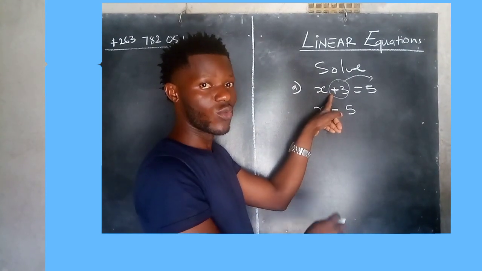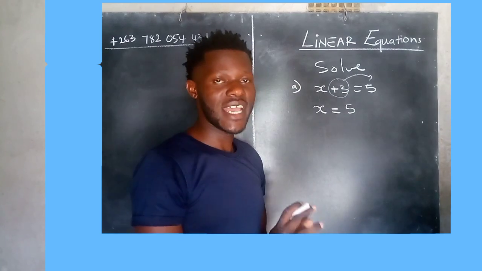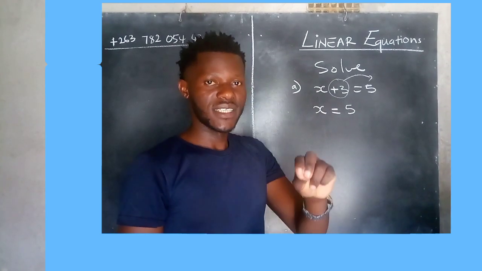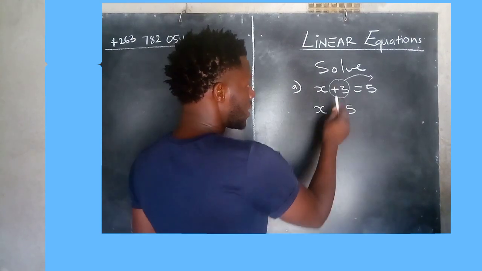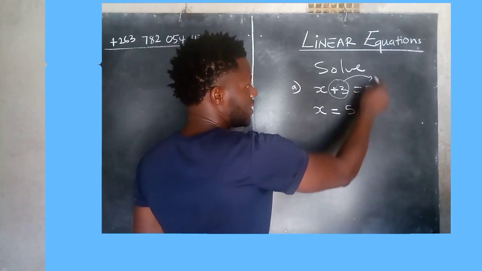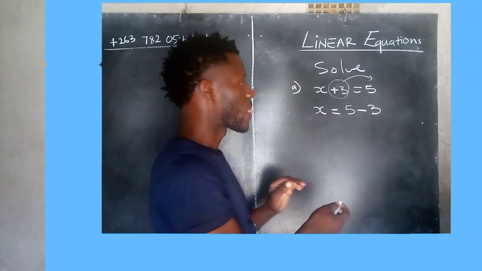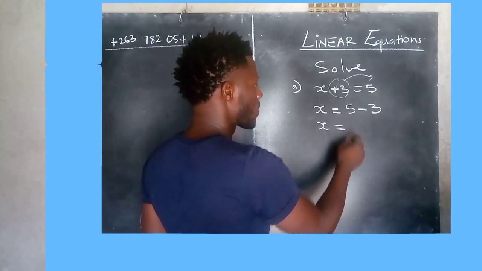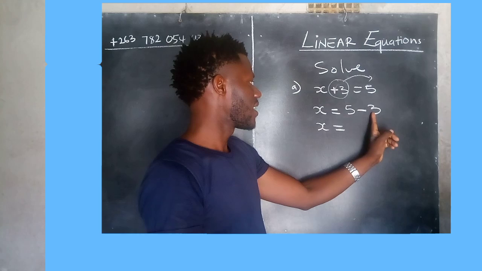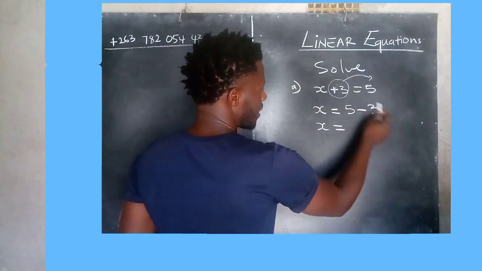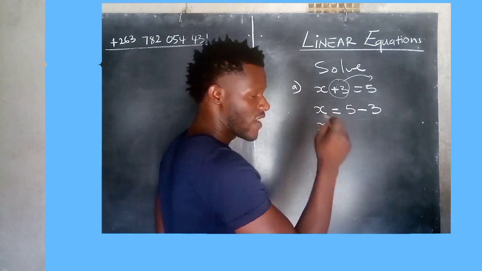When a number is grouped to the other side of an equal sign, it will change its sign. So the rule is hashtag change side, change sign. So since 3 is changing its side, it will also become negative 3. Now we have x is equal to 5 minus 3. If you simplify, you will get to know the value of x, because the statement is reading that x is the same as 5 minus 3.